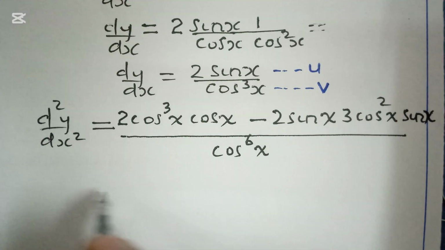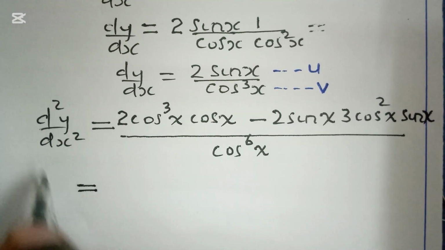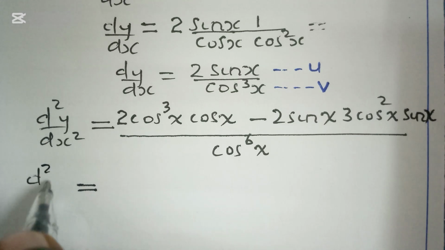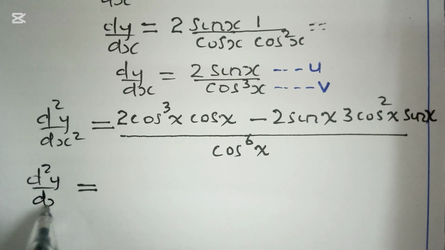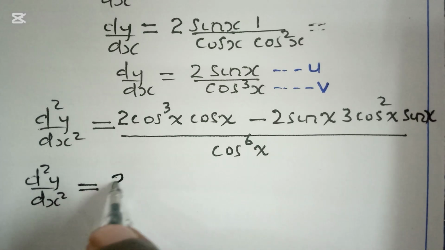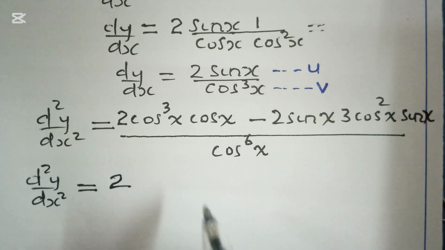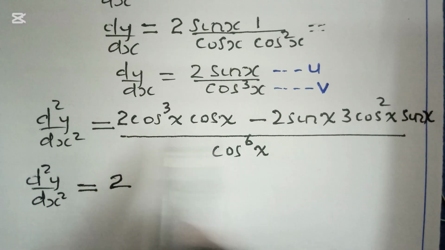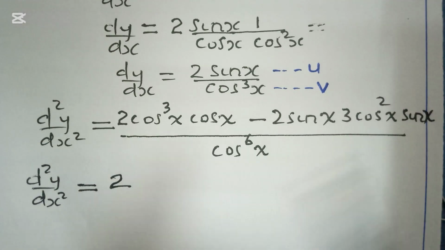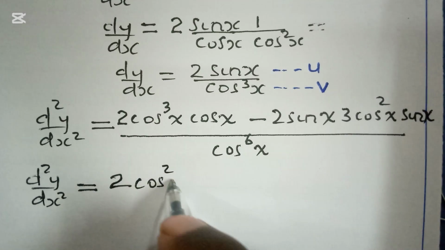So guys, from there we can factor out 2, and we can also factor out cos squared. So we factor out here cos squared x.